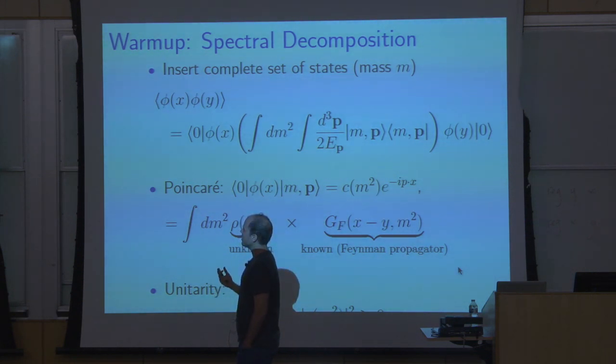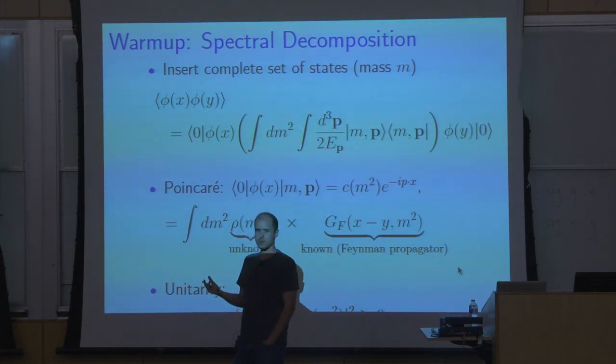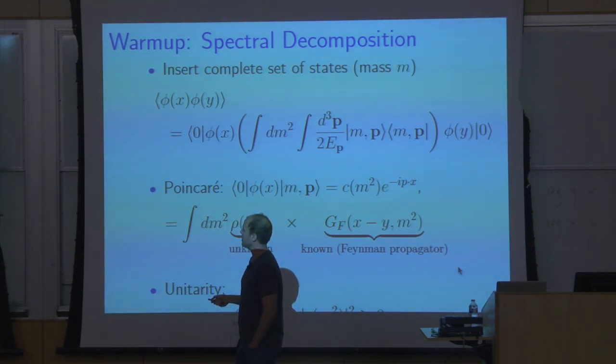And the nice thing about classifying states according to their symmetry properties is that the overlap between states and operators is completely fixed by symmetries. So if you compute the overlap between the operator that we're interested in and the state with some mass and momentum, it's completely fixed up to some constant.